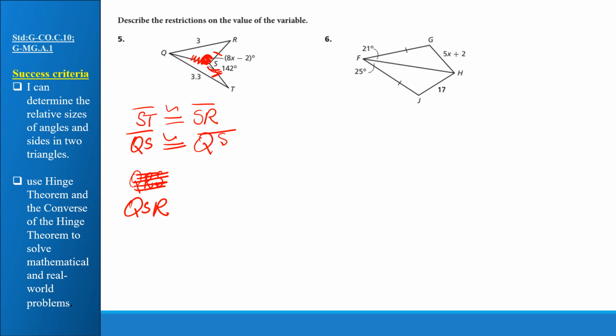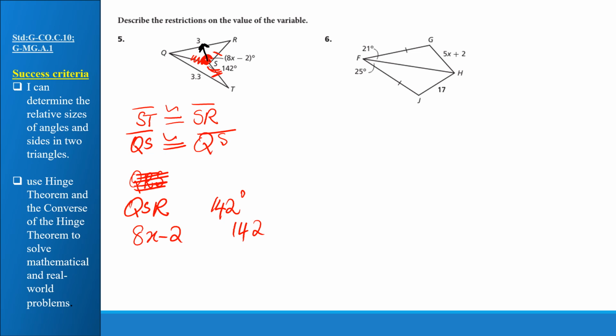And the other angle is QST, that is 142 degrees. Now the measurement of QSR is 8x minus 2, and here is 142. Which one is bigger and which one is smaller will be compared by looking at the opposite sides.